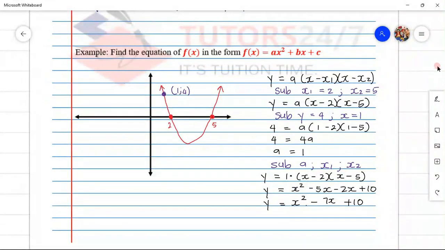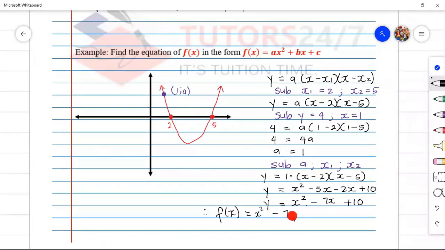We can also write this as f of x equals x squared minus 7x plus 10. We don't have to leave it in y. We can also conclude and write it in the f of x form.